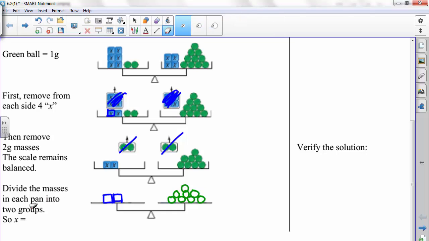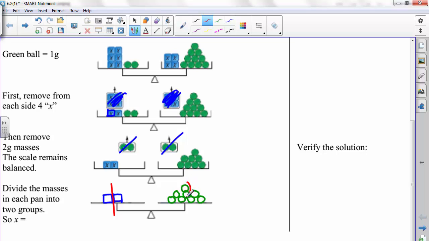Divide the items on each side into 2 groups. This is my goal: I need to find how many green balls represent 1 blue x box. So I divide the 2 blue boxes into 2 groups, 1 box in each part. And I also divide these 8 green balls into 2 groups.